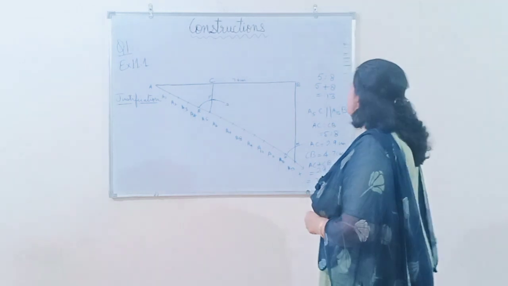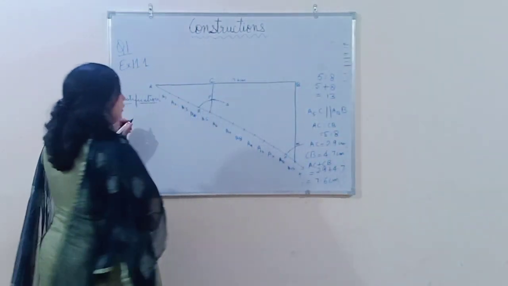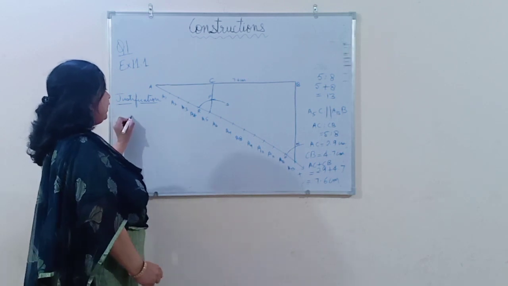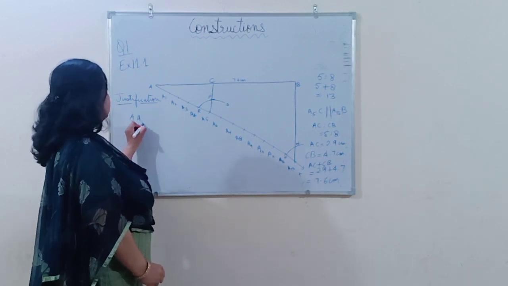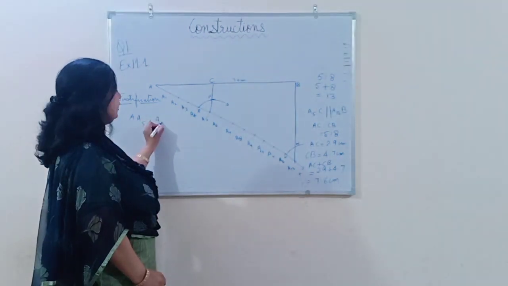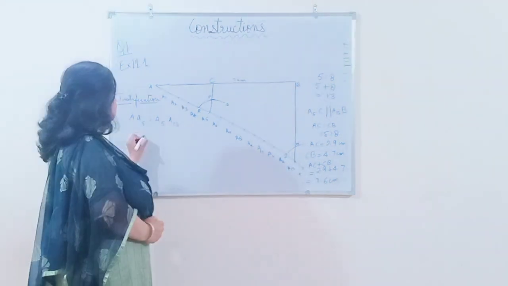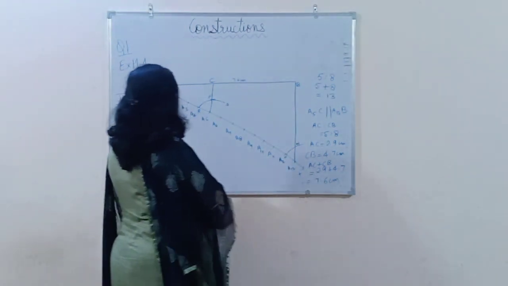So, since these lines are parallel, the ratio of A5 is to A5A13 is 5:8. Why?